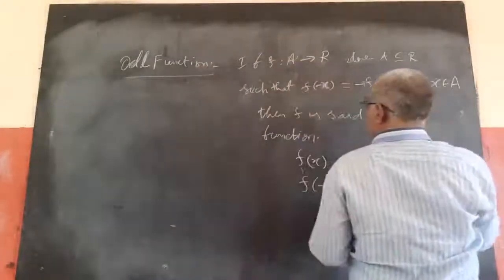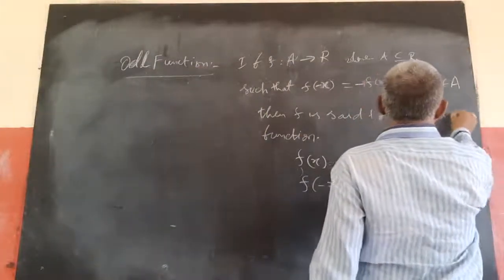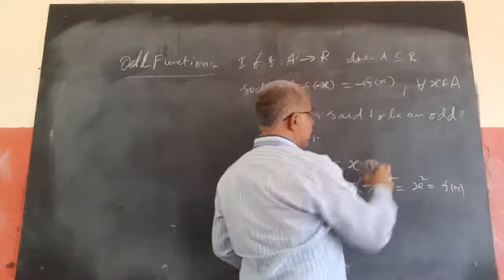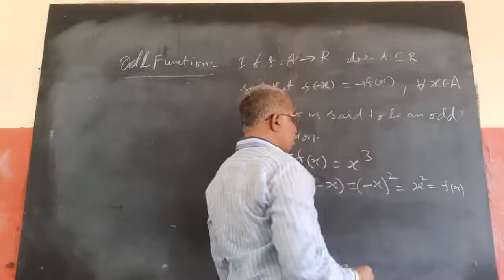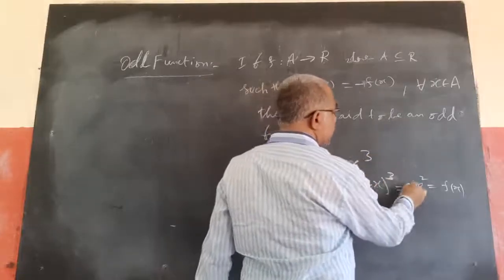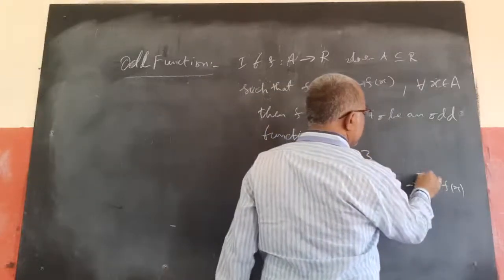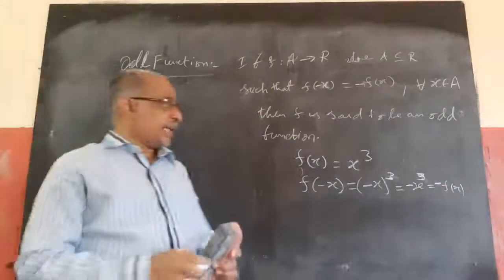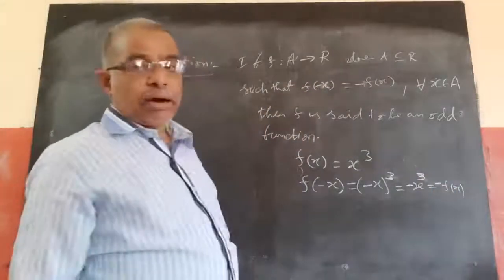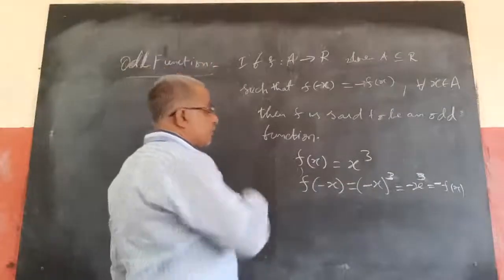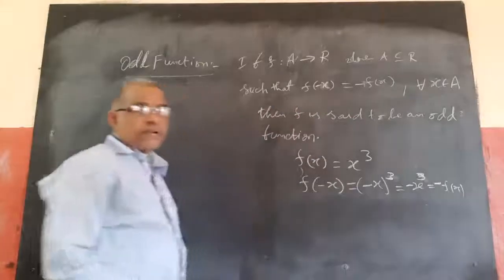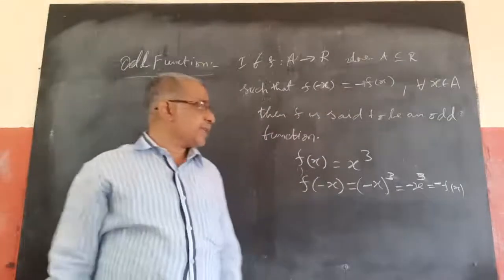So if, instead of x square, I take f of x equal to x cube, what happens? f of minus x is minus x cube, nothing but minus f of x. So f of minus x equal to minus f of x means f is an odd function.